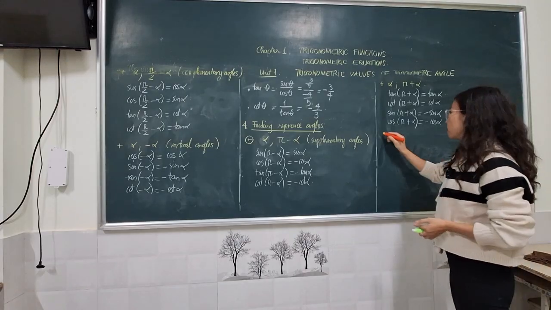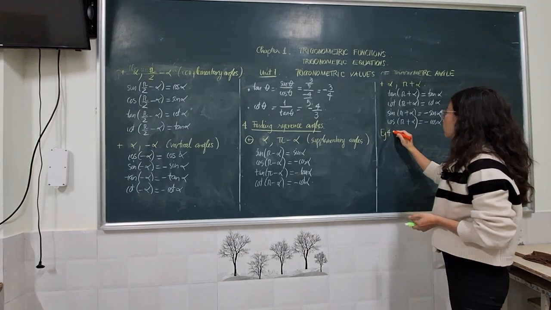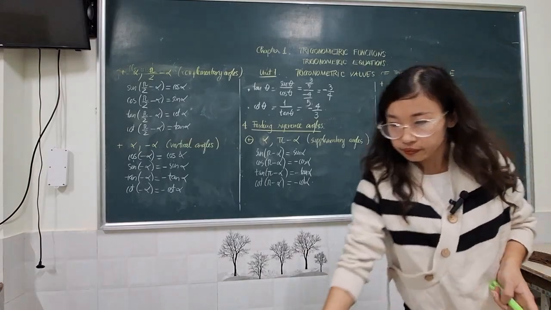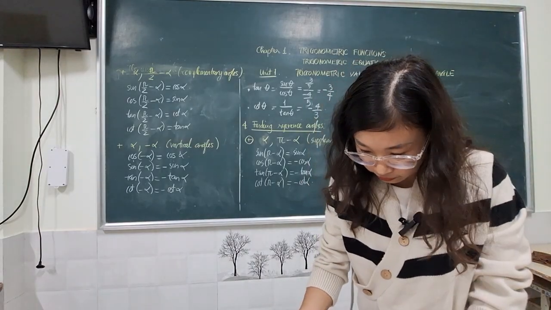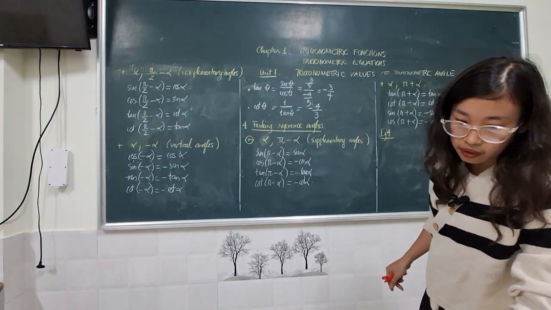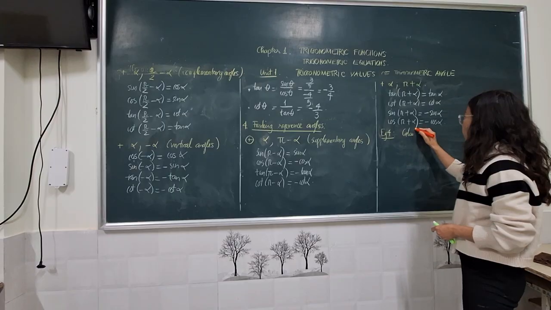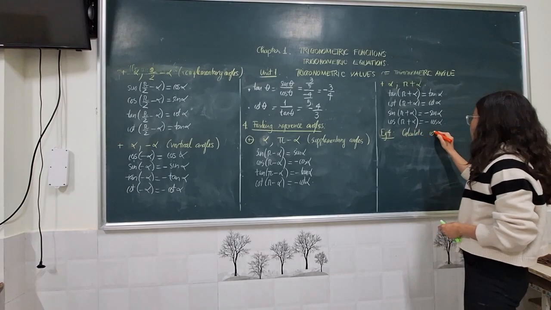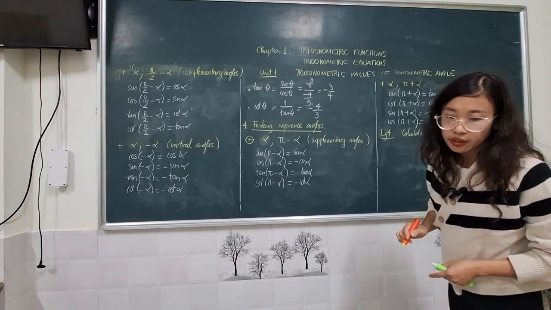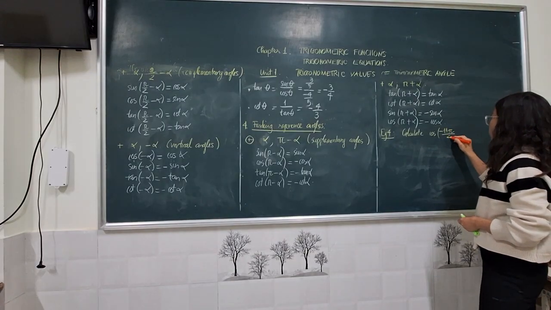Now let's do an example. Example 4. Calculate cosine, without using the calculator. Calculate cosine of negative 11 pi over 4.